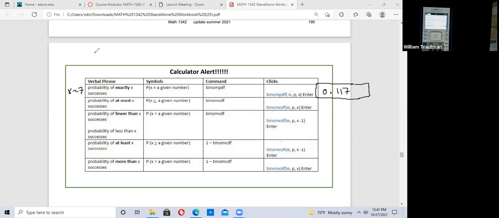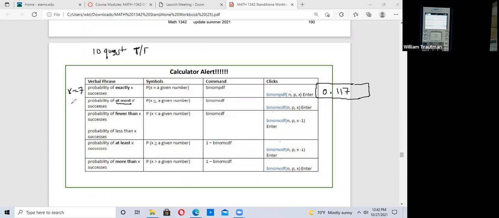It's the same question. There are 10 questions, a 10 question test. They're true or false. And what's the probability of getting at most 7 correct? I'm going to say at most 7 successes, 7 correct.